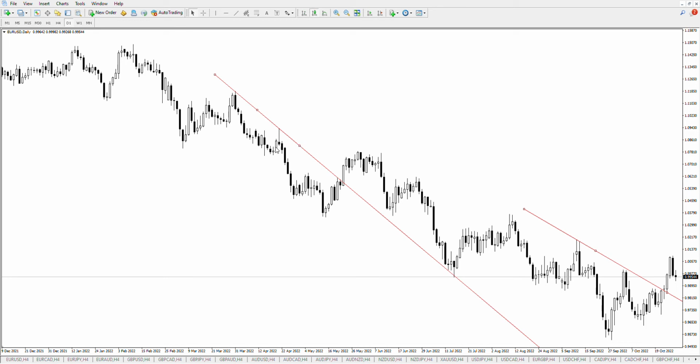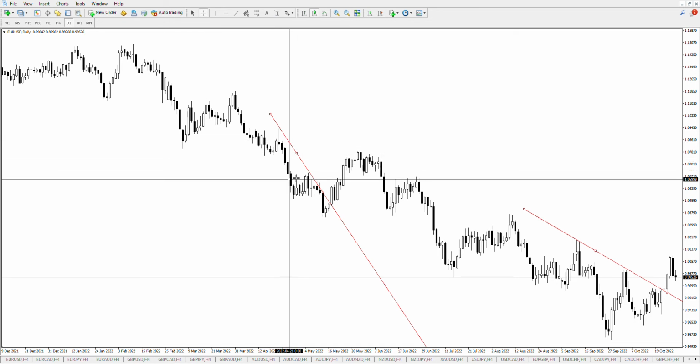This is not a good high, you see, it doesn't have enough candles below it, so this is a good high, but this wasn't a good high to connect. But this one and this one are pretty much the same size, and you have to connect the most recent ones. So this fits better together because they have to be of equal height.